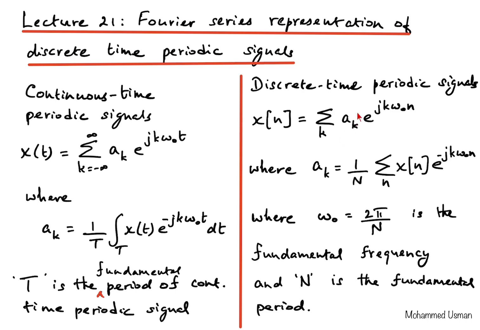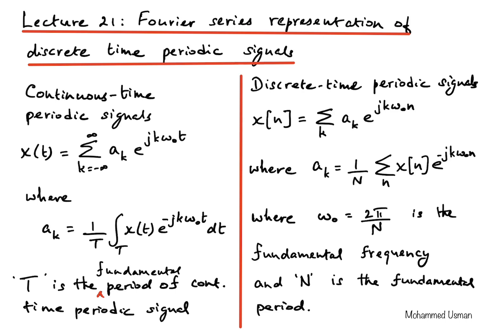And the Fourier series coefficient ak is computed by this formula, analogous to the continuous time case, where we have 1 by T. Here we have 1 by N, where N is the fundamental period of the discrete time sequence x of n, and we do the summation of x of n multiplied with e power minus jk omega naught n. So in continuous time it was integration, in discrete time it is summation over a range of n.